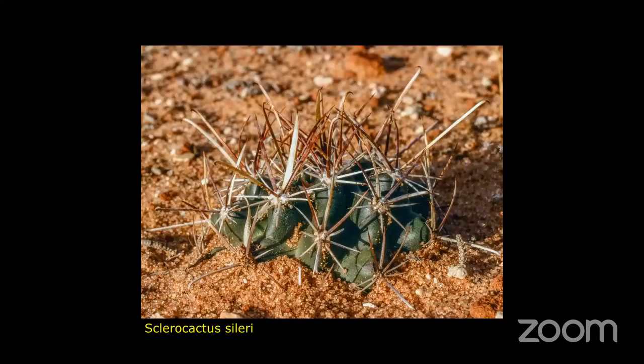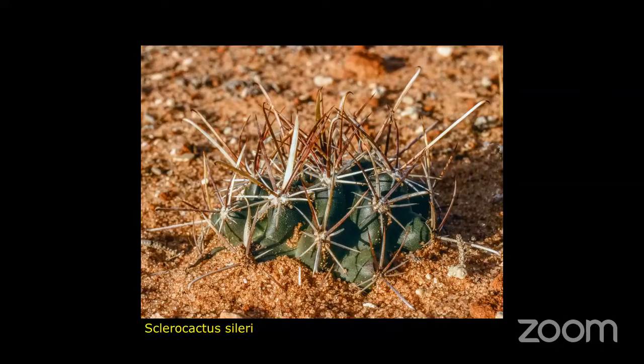Okay, hopefully you can see my photo of Sclerocactus sclerocarpus. This is a small Sclerocactus that grows on the Berea Plateau, and it has a preference for a particular formation, which is aeolian or wind-blown sand.